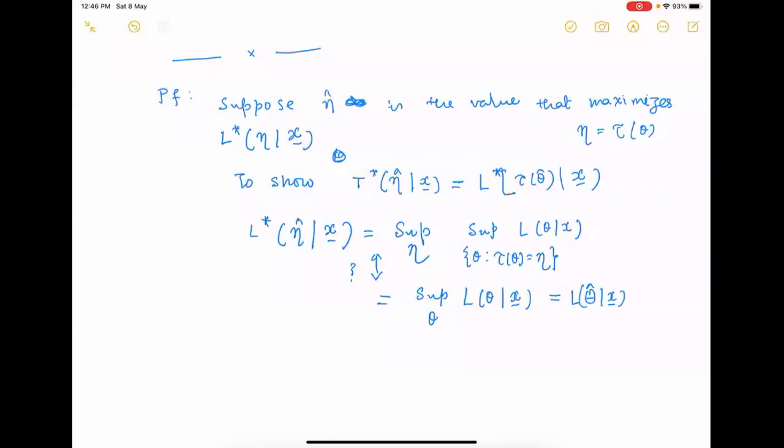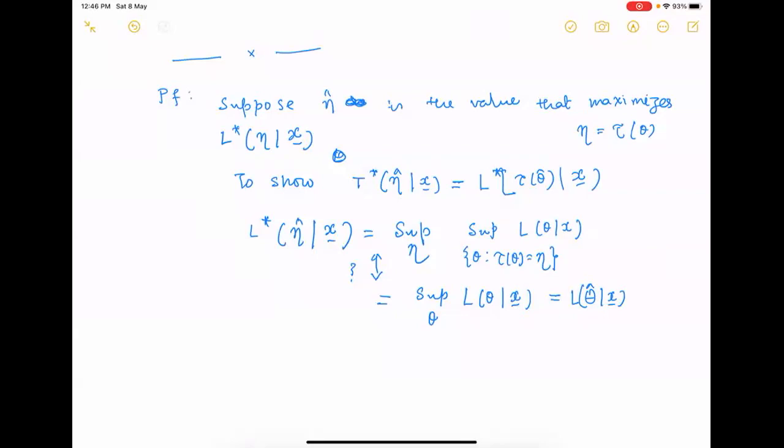So this is possible if the function is increasing. Monotonic, you are saying. Yeah, okay, monotonic, but increasing here because it's supremum.